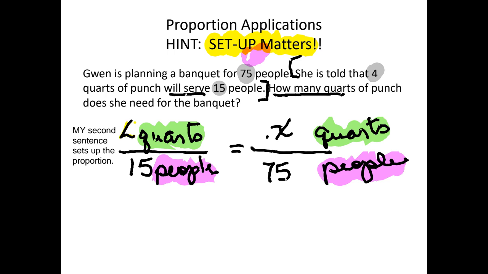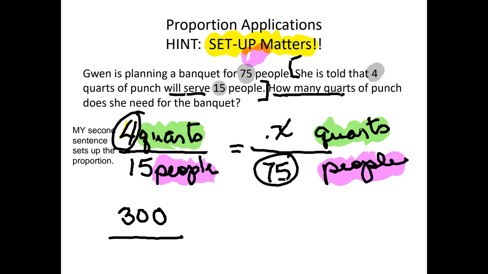This 4 and this 75 are going to come right here, which means we have 300. 4 times 75 is 300, is equal to 15x. Divide by 15. Now this is where you're going to have to be able to interpret. Okay.